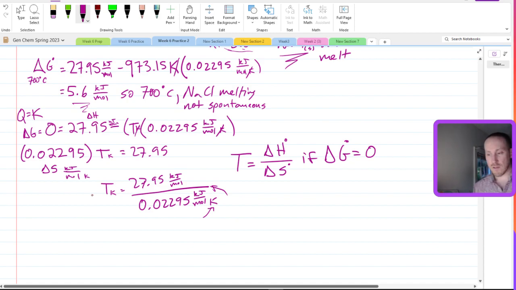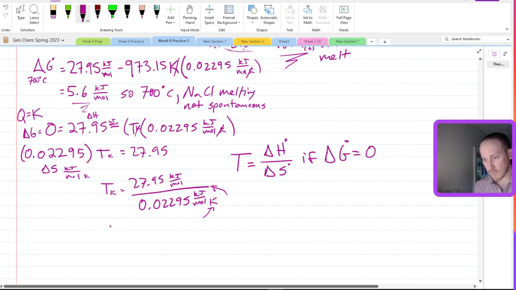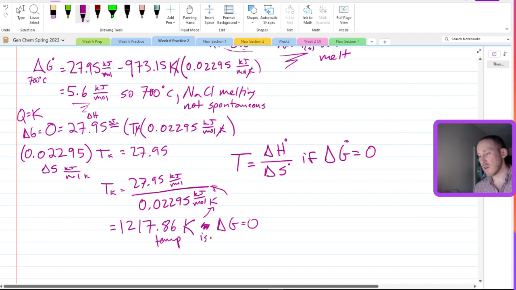And I did not do this earlier, actually, so let's do that really quick. 27.95 divided by 0.2295 equals, using the old calculadora, 1,217.86 Kelvin. This temperature is when delta G equals 0.